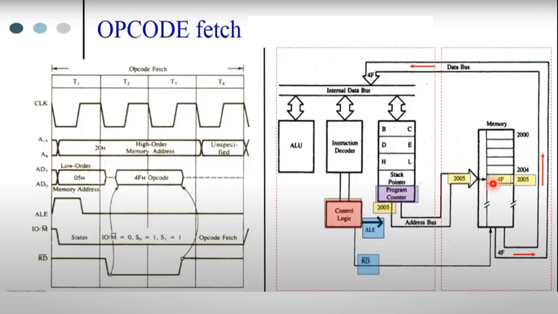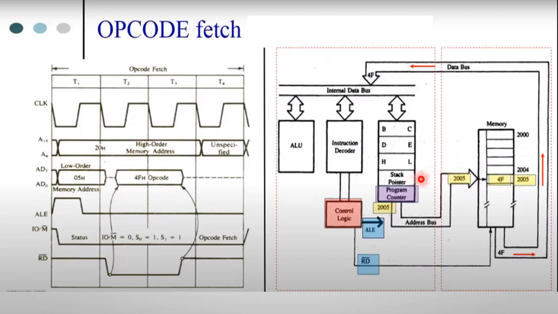In any instruction, the microprocessor first fetches the opcode, then does the rest of the operations. In this example, an opcode is written at address location 2005, and that particular opcode should be read by the microprocessor.